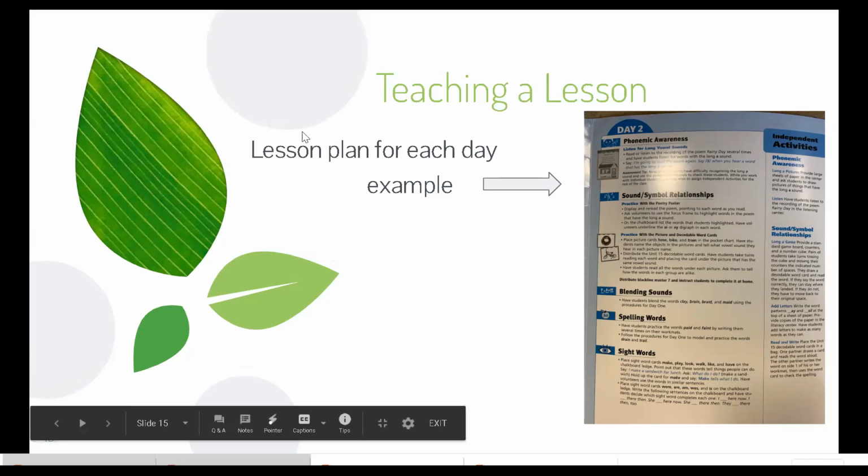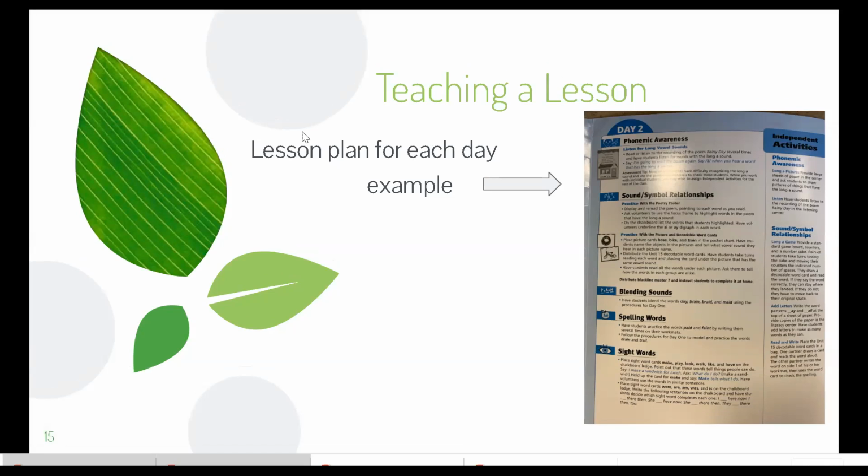So for example, on the one that it's showing on mine, it says on the screen, have students blend the words clay, brain, braid, and made using the procedures for day one. But we know that we're going to say clay.